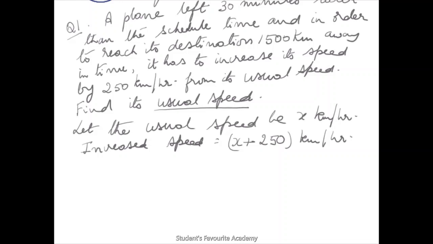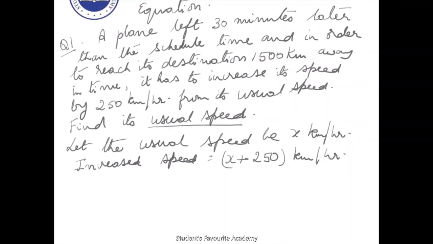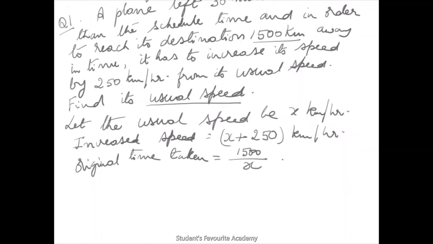Now the plane left 30 minutes later than the scheduled time. So the original time taken with the original speed x would have been 1500, that is the distance, upon speed x, hours.